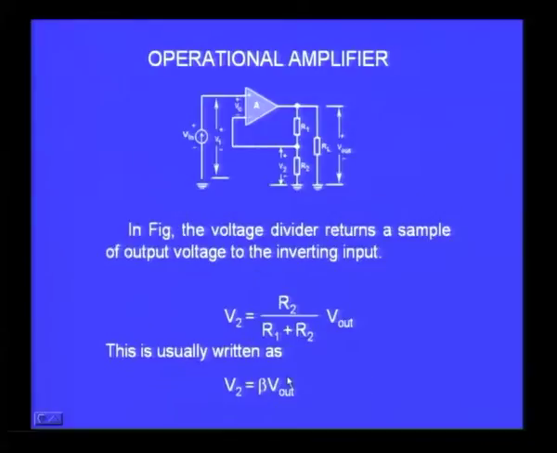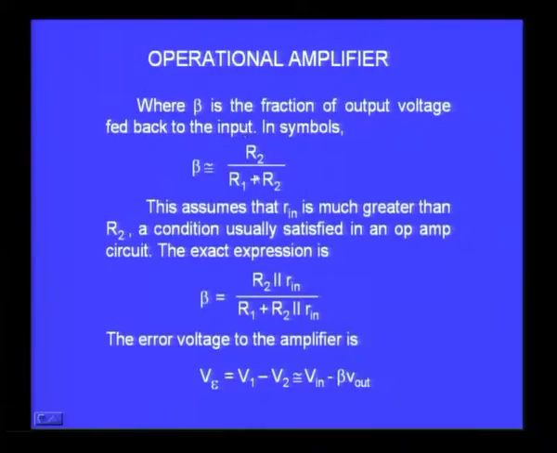We will go back and look at the V1 minus V2 is what I have here. So V1 minus V2 is, because it is negative feedback, it is minus V2. So V1 minus V2 is V epsilon, and that V1 is V input itself. V1 is basically the input voltage coming from the source. V2 is beta times V output, because it is a feedback voltage.